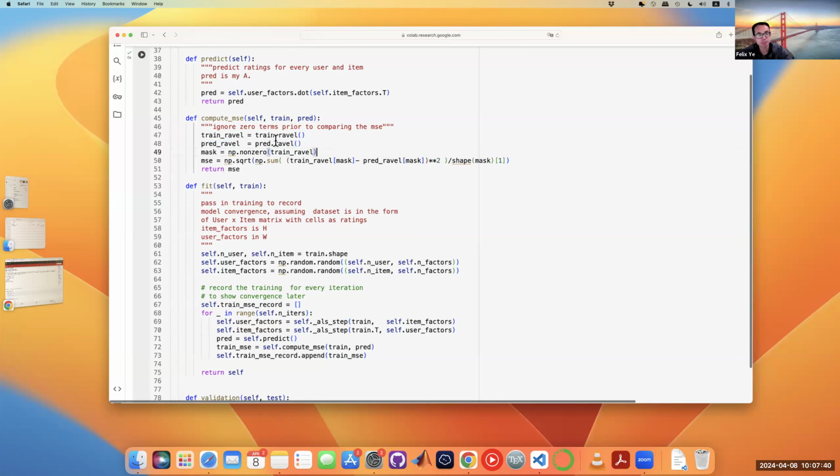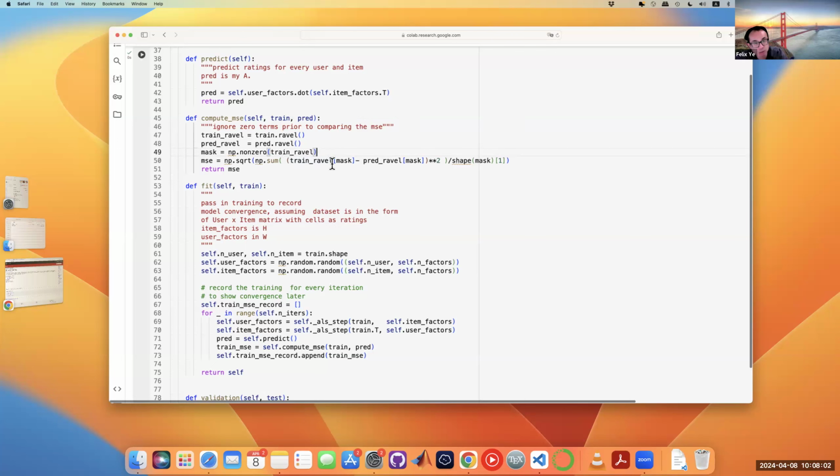And then you just get the non-zero portion of the training, because the zeros are missing data. We have no idea what the truth is. What we can only calculate the MSE for is those non-zeros, because with the zeros we don't know, since it's missing.